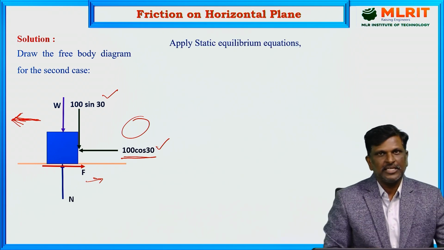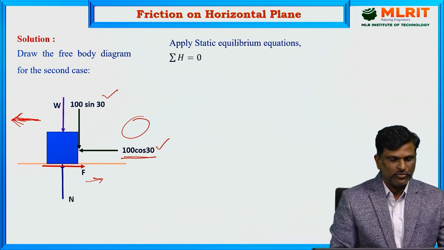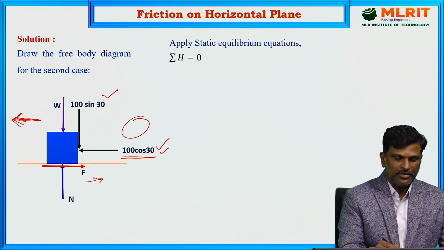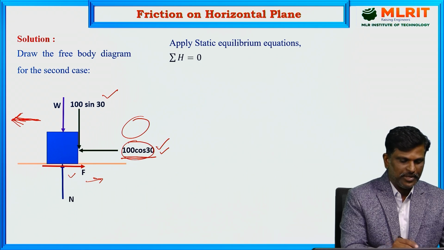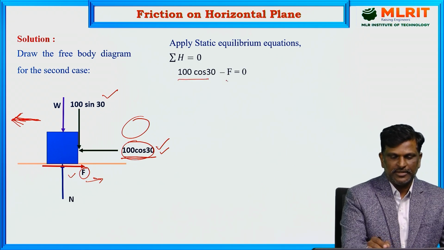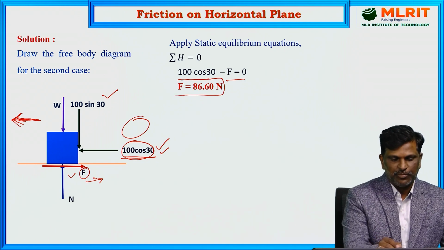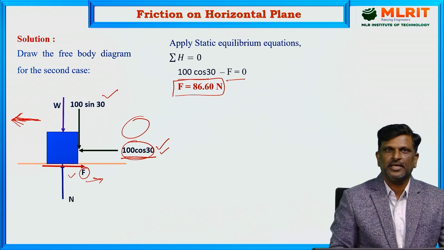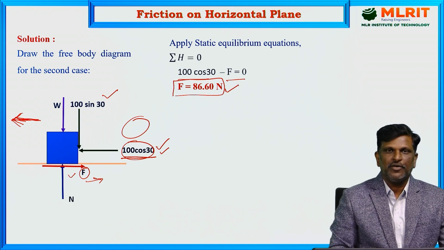Applying sigma H equals 0, we have two horizontal forces: 100 cos 30 and friction. 100 cos 30 minus F is equal to 0. F is equal to 86.60 newtons.